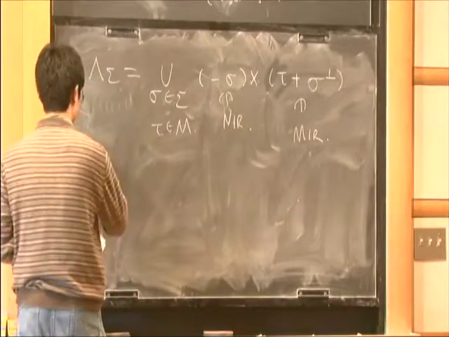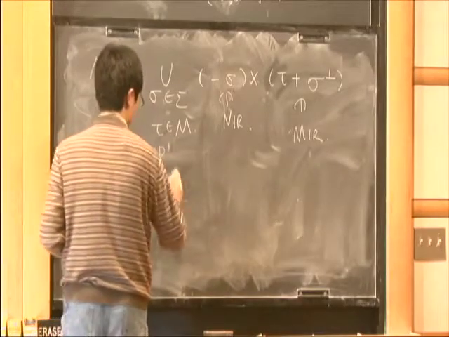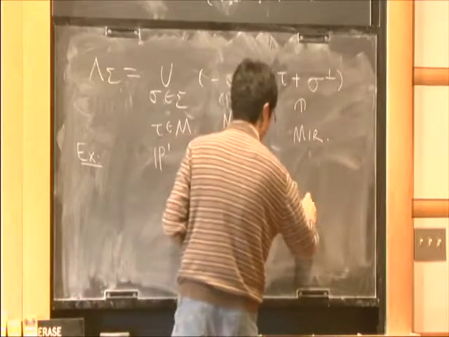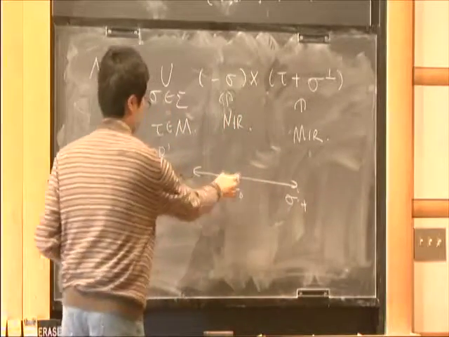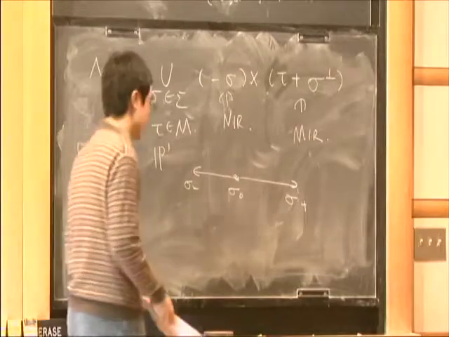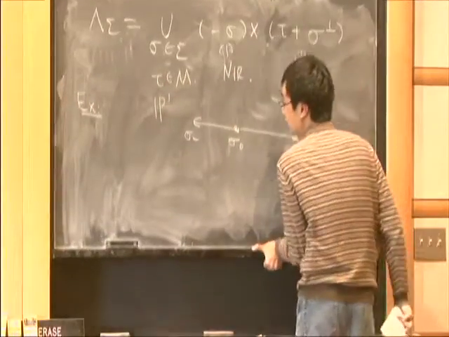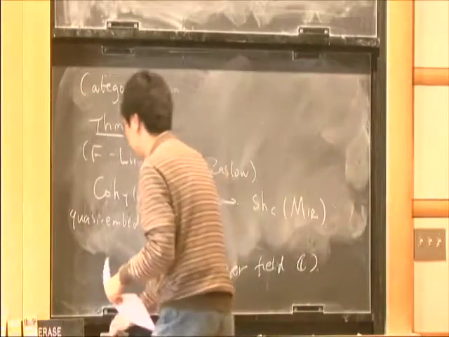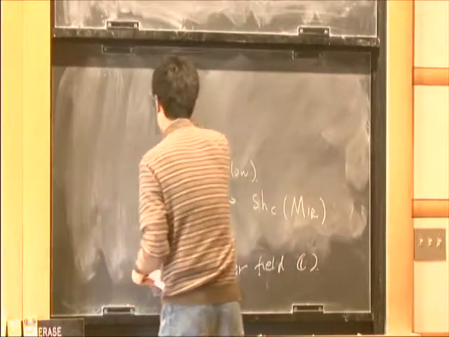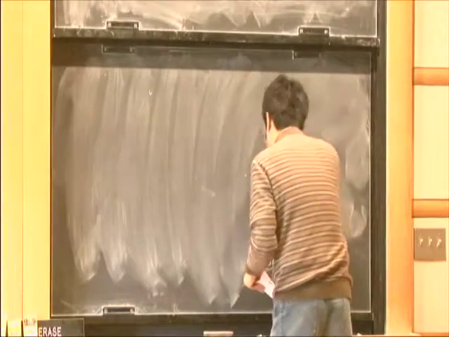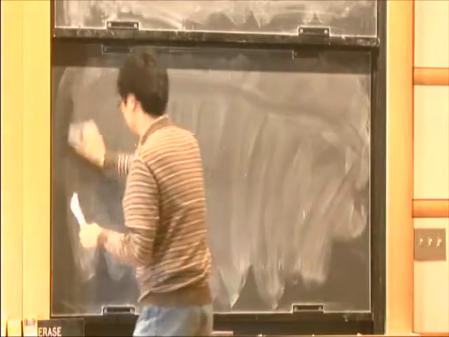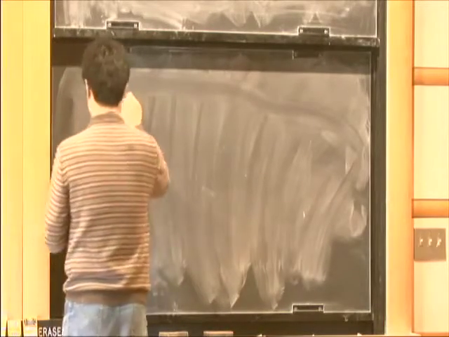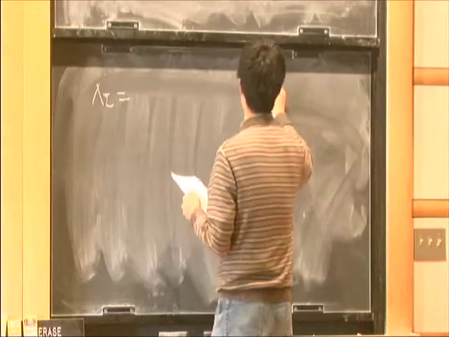Here's an example, if I look at P1 with sigma minus, sigma plus, and here is sigma 0, the origin point. We have three cones in this fan, and then we construct them. I will draw the Lambda sigma. First is sigma 0 perp.